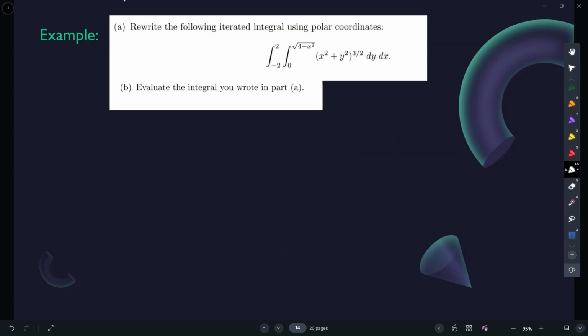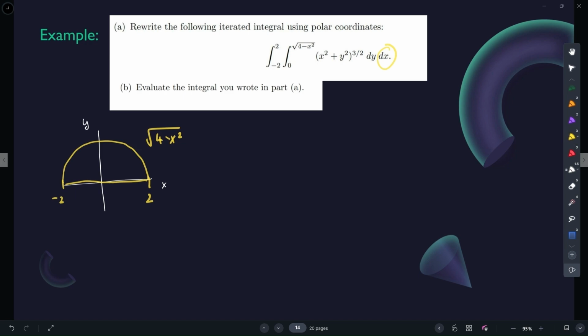And in this problem, first they're asking me to rewrite this integral in polar coordinates and then evaluate it. So let's start with the rewriting part. What region are they asking me to integrate over? The x coordinate is going from minus 2 to 2. And the y coordinate is going from 0 to the square root of 4 minus x squared.